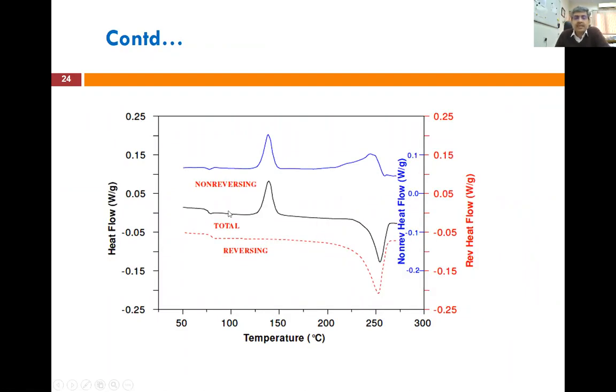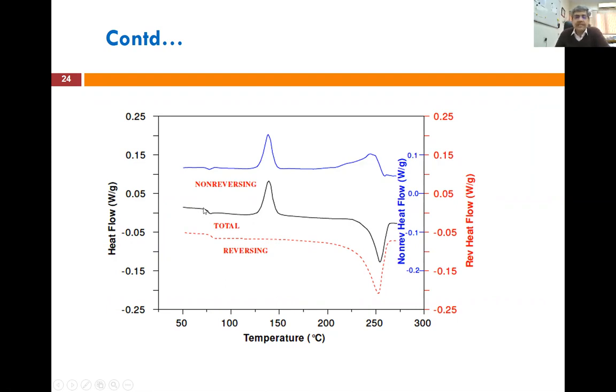This is the total heating curve which was obtained for a sample. So this black curve is the total heat flow. And there was an event here which could be glass transition temperature, or water loss, or enthalpy relaxation. Now in the conventional DSC, we are not able to understand the exact composition or the exact contributors to this event.